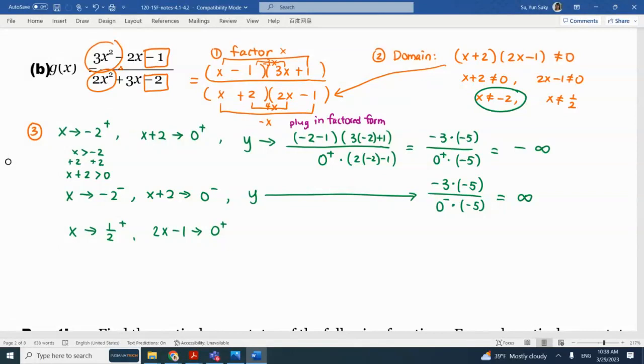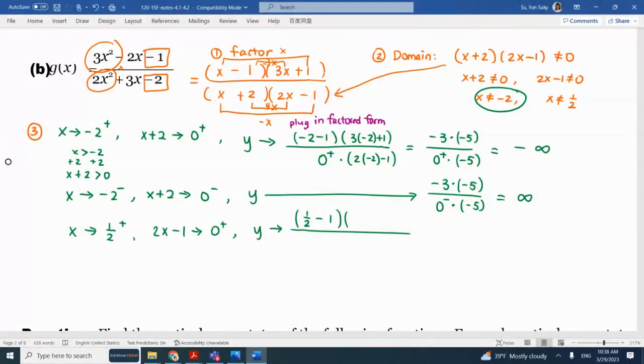Now, what happened to your y? You look at the factor form. Now you plug in what? 1/2, right? You plug in x is 1/2. The first factor, what do you get? 1/2 minus 1, right?